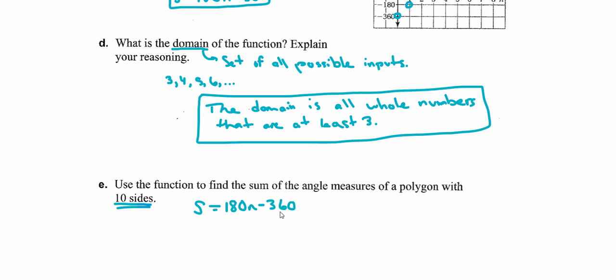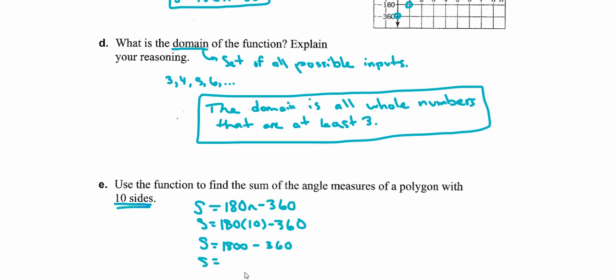And because it has 10 sides and n is the number of sides of the polygon, we're going to plug in 10 for n. All right, so we just need to calculate this and we'll get the interior angle sum. We don't have to draw a polygon with 10 sides and try to break it down into different triangles. So S equals 1,800 minus 360.